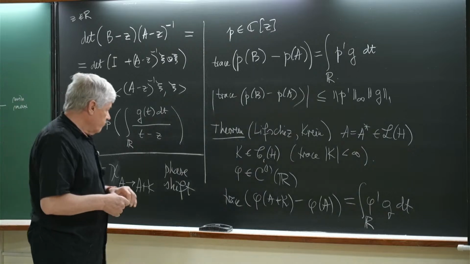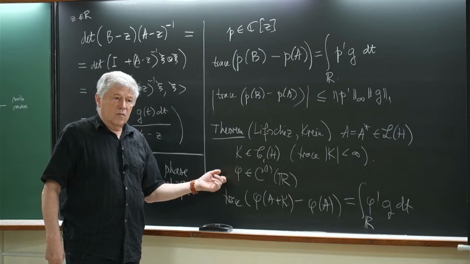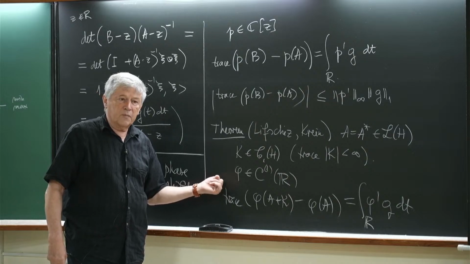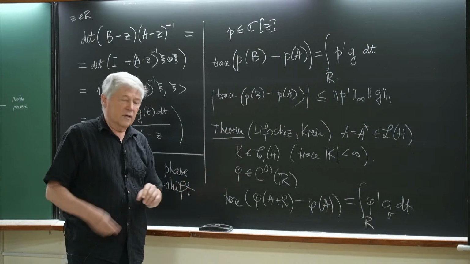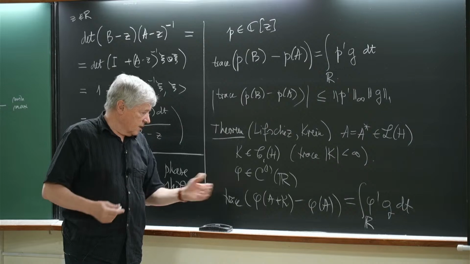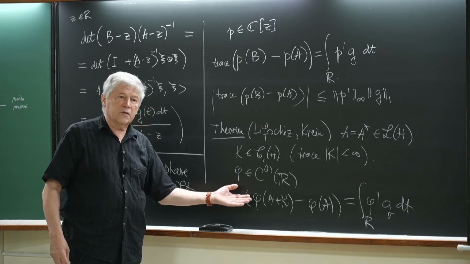As you know, trace class perturbations preserve the absolutely continuous part of the spectrum, and there is a whole theory of Kato-Rosenblum of measuring how the other part of the spectrum is changed.